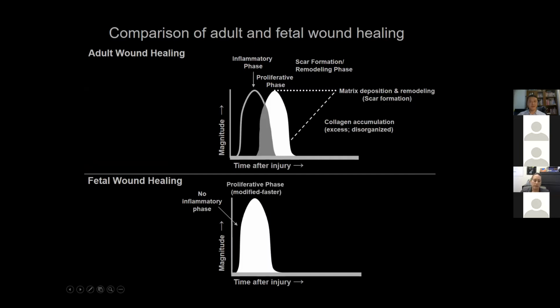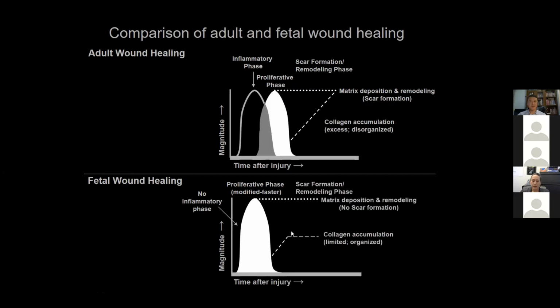The cells are proliferating more rapidly, and the wound is able to close very quickly. And then the fibroblasts are able to lay down very normal looking collagen and regenerate, and hair follicles and other structures in the skin are regenerated. So these wounds tend to heal without a scar. This type of healing occurs during the first and second trimesters of development in a human.